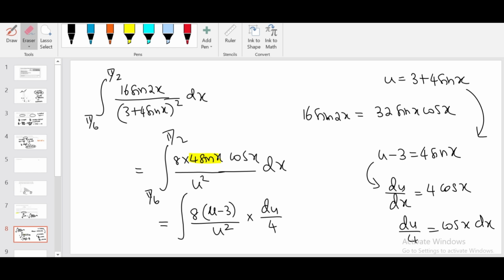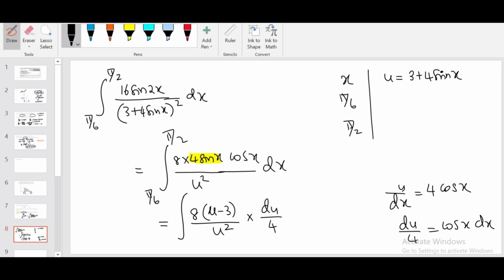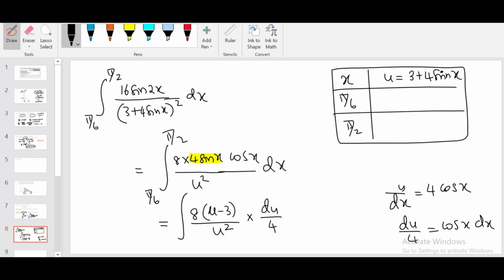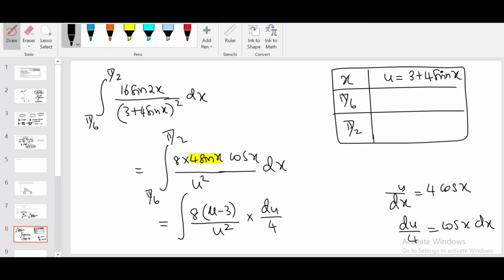Now I'm going to convert the limits also in terms of u. The values of x are pi over 6 and pi over 2, and u is 3 plus 4 sine x. So find the limits of u now. 3 plus 4 sine pi over 6 is 5.